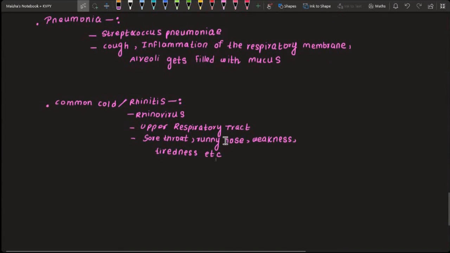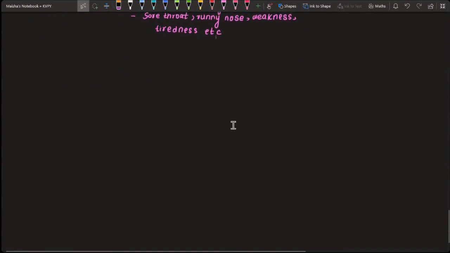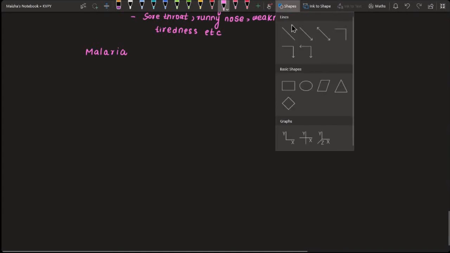Common cold and rhinitis are a very common viral disease which is important. Then we'll talk about the diseases which are caused by other organisms that are not a virus or a bacteria.